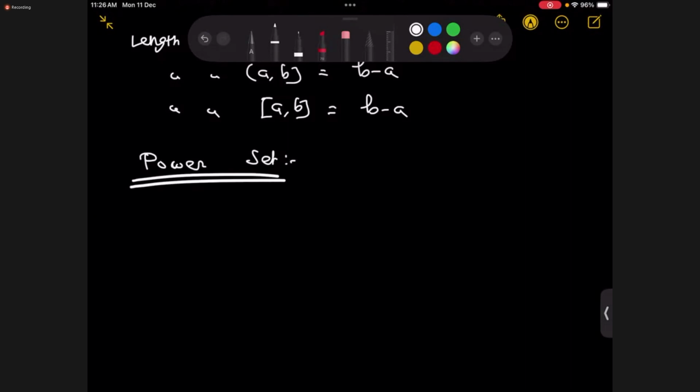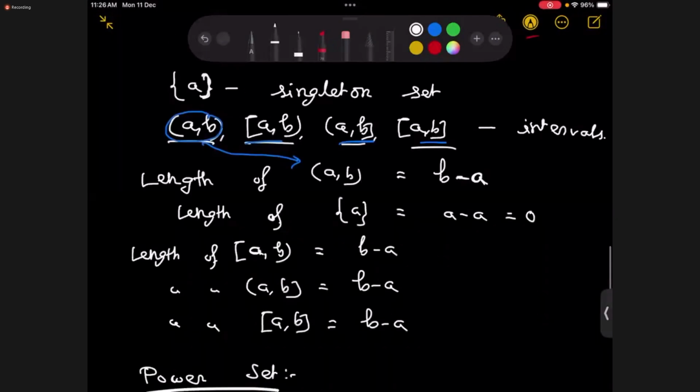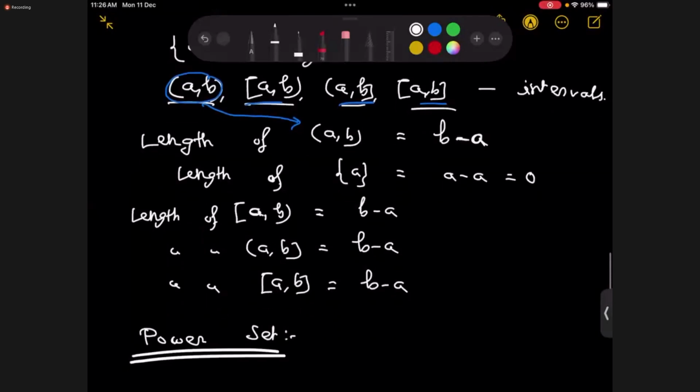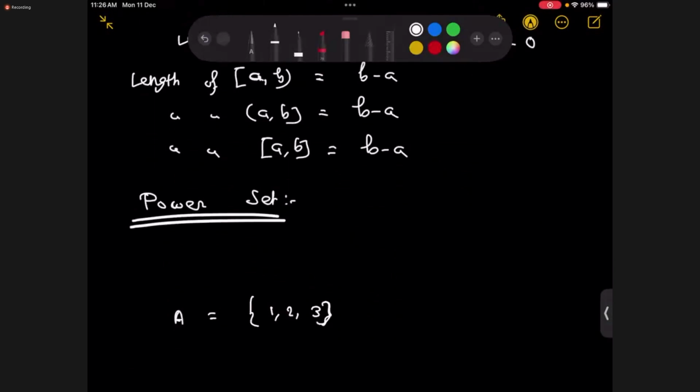Now come to the point: power set. So what is a power set? At first, keep some space for the definition. Let us see an example. Let A be the set {1, 2, 3}. Note one thing: we put curly brackets in this kind of thing, and round or square brackets for intervals. Whenever we use curly brackets, we are including individual elements, each element of the set being one element.